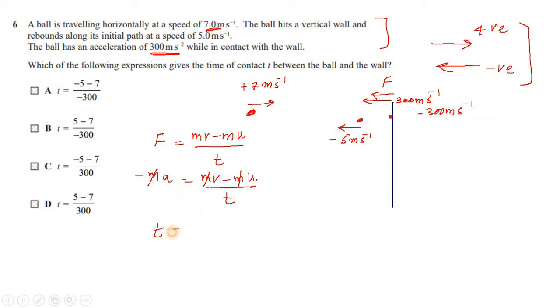So t is equal to v minus u divided by minus a, meaning v is the final velocity, which is minus 5, minus the initial velocity, minus 7, divided by acceleration 300, which is minus 300. So this is the expression for time. So t is equal to minus 5 minus 7. Yeah, this is the expression. Option is A.